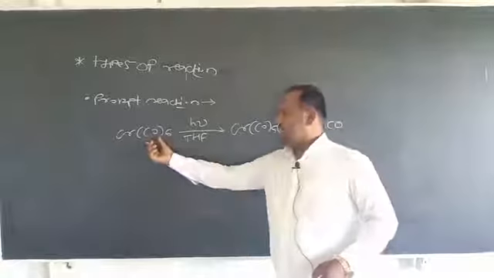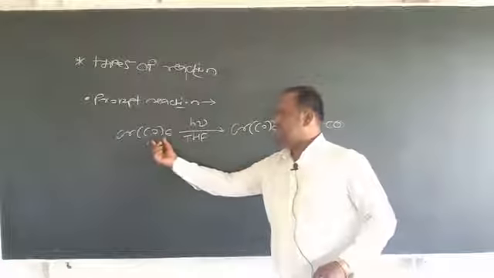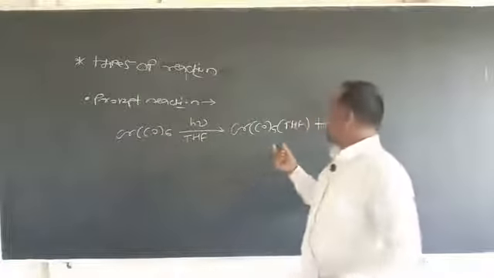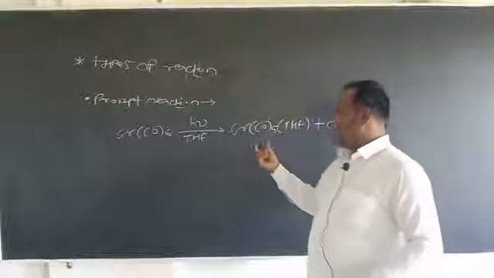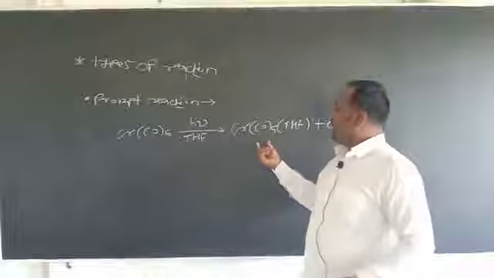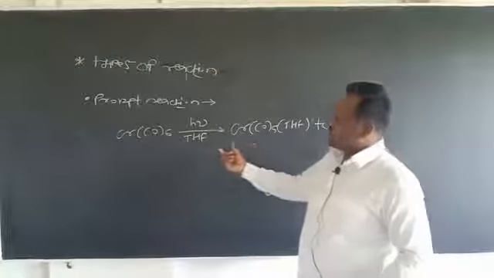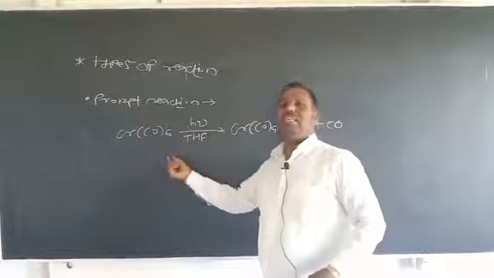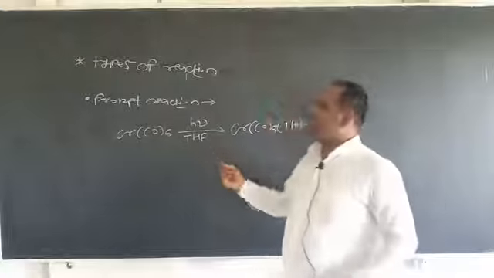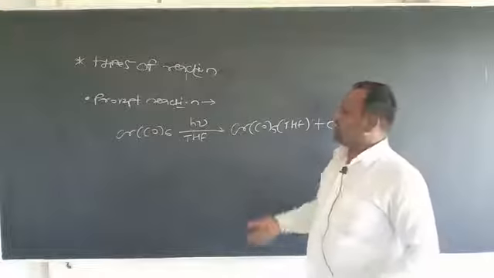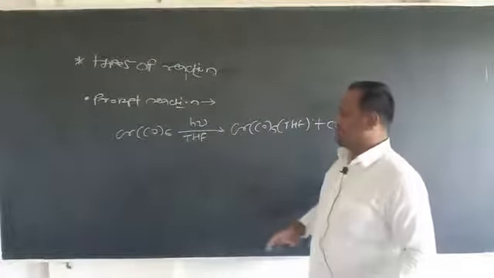In the reactant the metal atom is attached to 6 carbonyls, while in the product the metal atom is attached to 5 carbonyls and 1 carbonyl is replaced by the solvent molecule, tetrahydrofuran. This reaction is completed within less than 10 picoseconds, and therefore it is considered a prompt reaction.